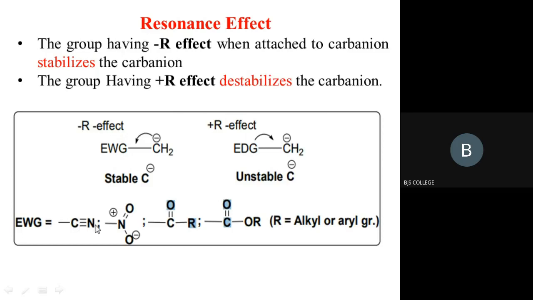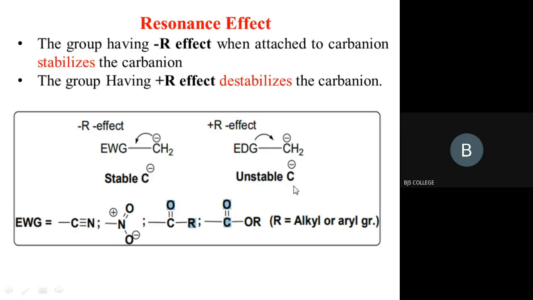Which are the electron withdrawing groups? Just now I spoke about groups which show minus I as well as minus R effect, for example CN, nitro group, ketone, aldehyde, or ester. These are electron withdrawing groups. Whenever they are attached to an aromatic ring, they impart a minus R effect and make the carbanion highly stable.